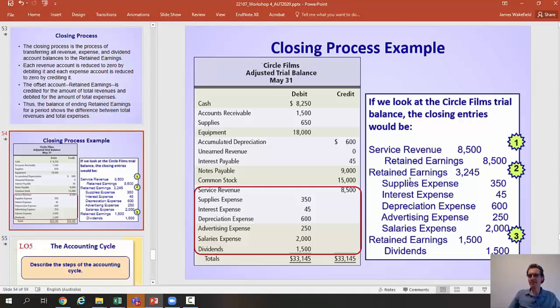You do the same thing with expenses. So you credit all the expense accounts to wipe them out, and you transfer those amounts to the retained earnings account. And lastly, you do the same thing with dividends. So if you have a debit balance of dividends here of $1,500, you credit dividends by that amount and you transfer it to retained earnings.